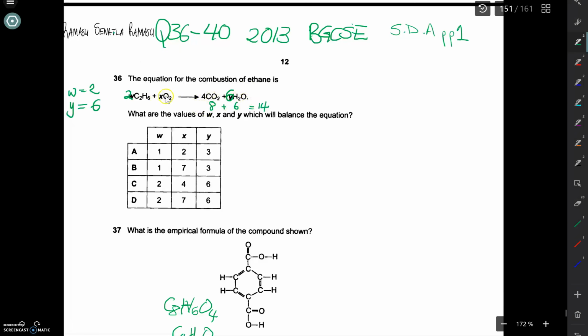But because we have O2 here, our X has to be 7, because 7 times 2 will give us 14 oxygen atoms. So our W is 2, our X is 7, and our Y is 6. So our answer here becomes D.